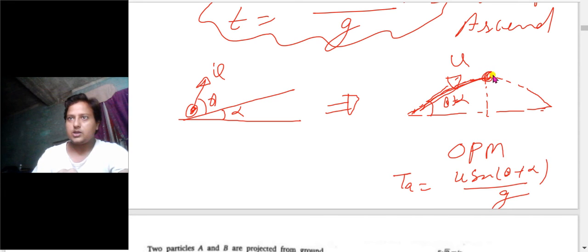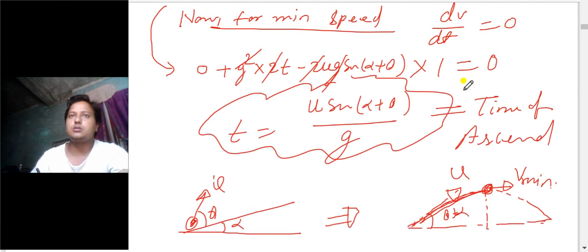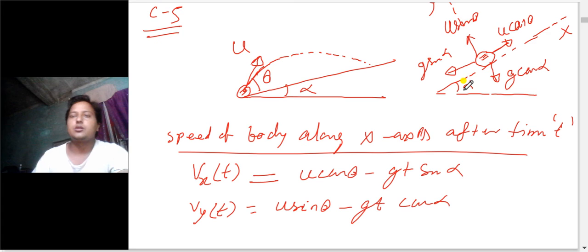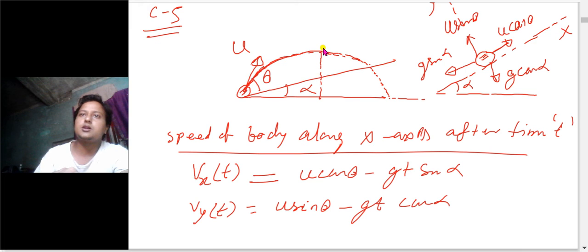So this is a point of minimum speed. Here a body projected upward on the inclined plane traces a path like this, and the body will have minimum speed at this point P. With respect to the inclined plane, the greatest height of the body is this P dash.